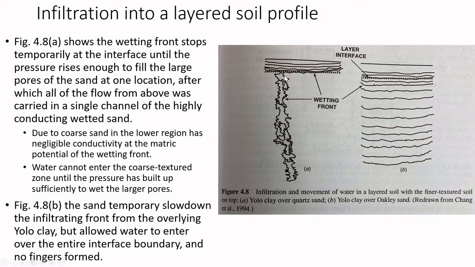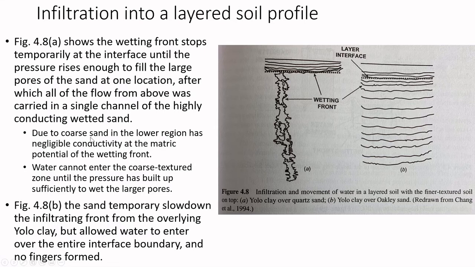After which all of the flow from above is carried into a single channel of highly conducting wetted sand. So the water then just flows down. So this is what I call preferential flow actually happening, right?